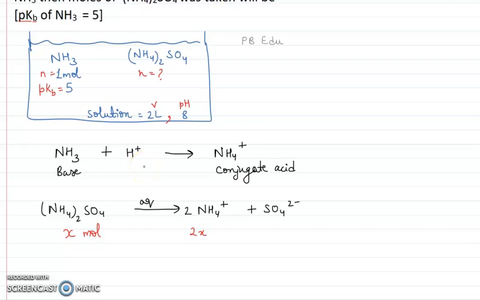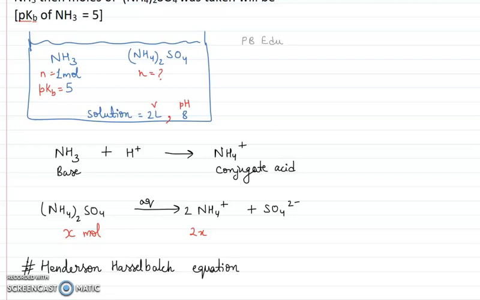Now we have a base and its conjugate acid along with the salt. So here we have to use the Henderson-Hasselbalch equation.